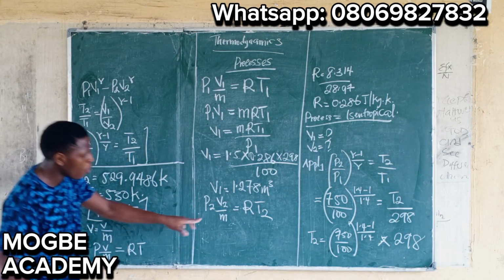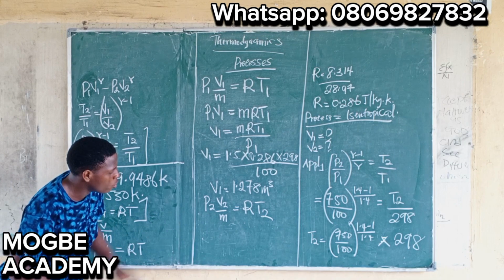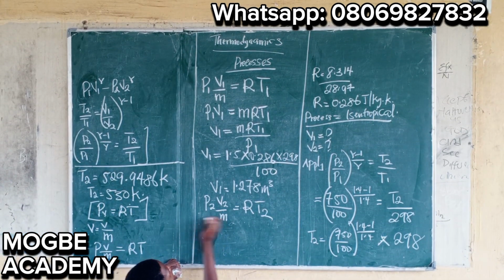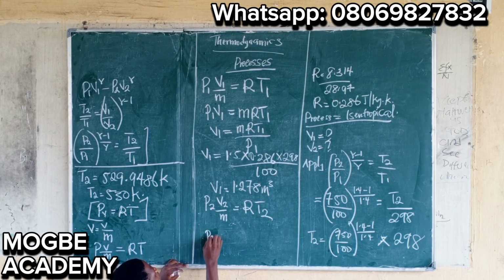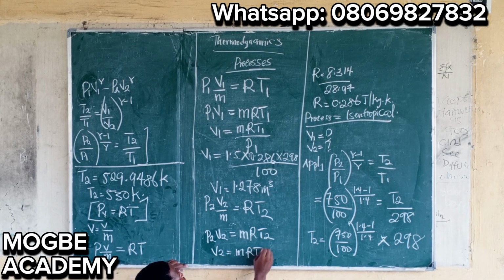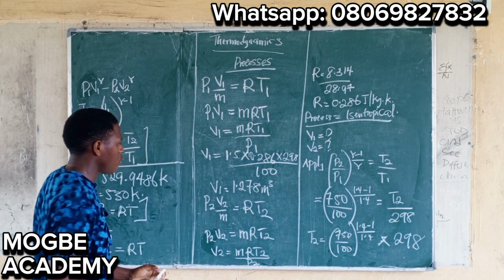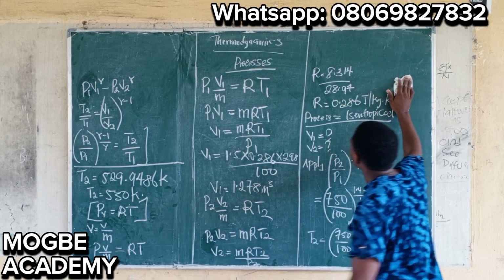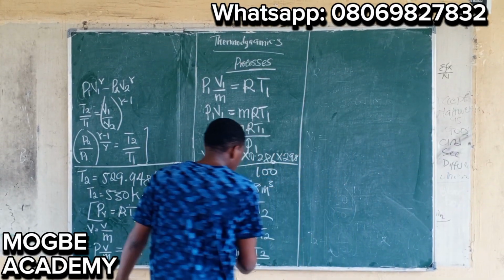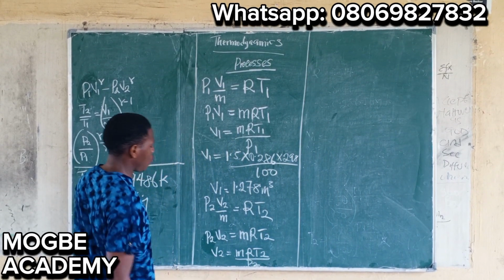We have to make V2 the subject. So P2 V2 is equal to MRT2. Now V2 is equal to MRT2 divided by P2. Let's use this formula: V2 is MRT2 over P2.